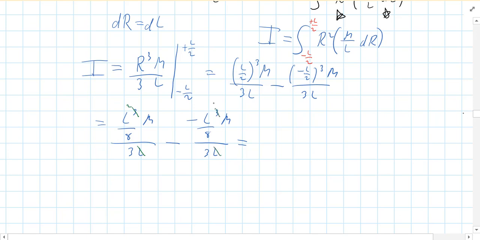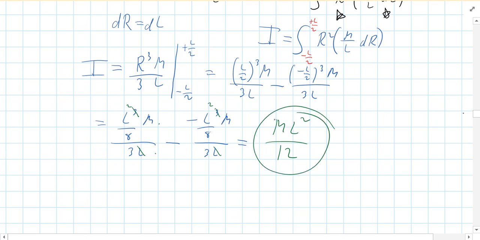Same thing here. This becomes a squared. And so you end up with an m and an L squared over, if you multiply top and bottom of each fraction by 8, you get a 24 in the denominator. And so you get 1 over 24 minus negative 1 over 24, which would be 2 over 24, which would be 1/12.